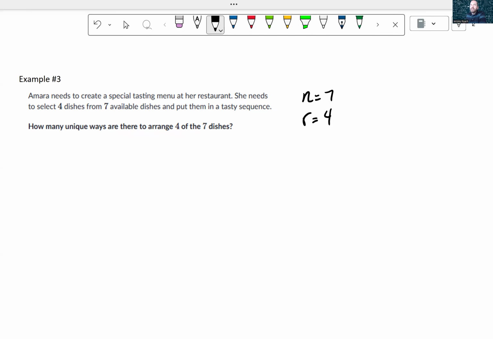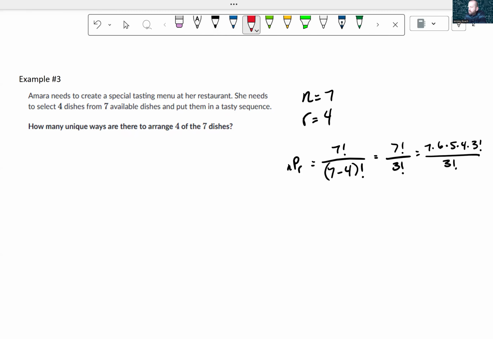So this is going to be nPr is equal to 7 factorial over 7 minus 4 factorial, which is 7 factorial over 3 factorial. And that's 7 times 6 times 5 times 4 times 3 factorial over 3 factorial.